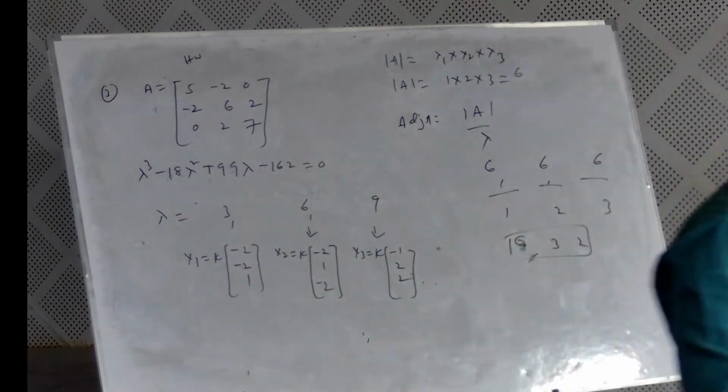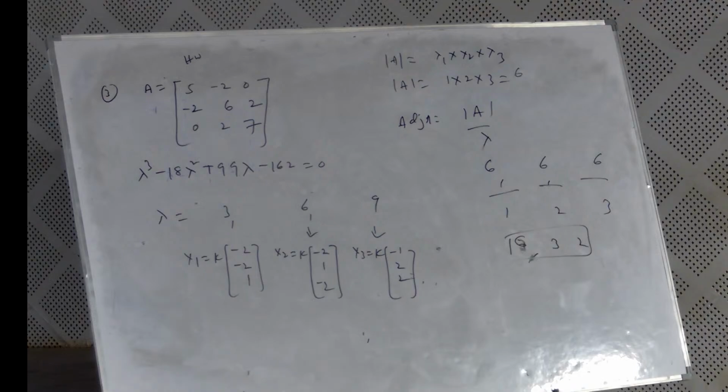So without depending on anybody, do it and verify the solution. What is the characteristic equation? Lambda cube minus 18 lambda square plus 99 lambda minus 162. How do you find it? What is the formula? Do you remember?